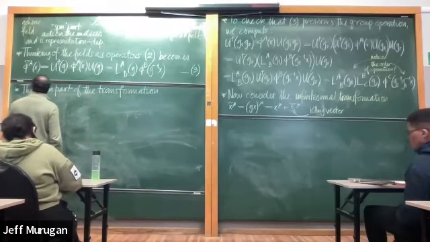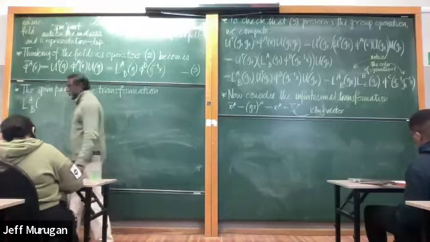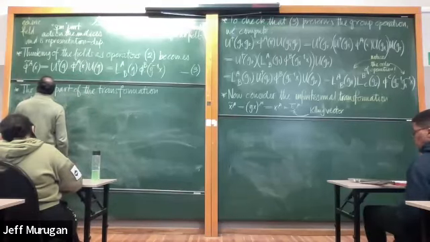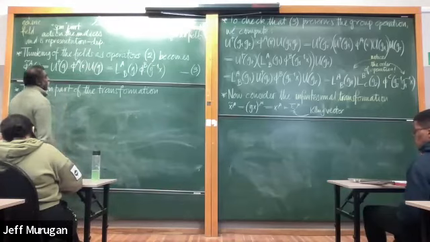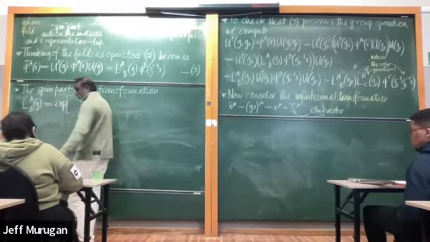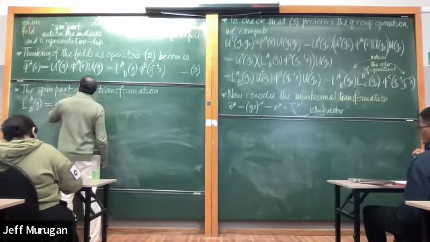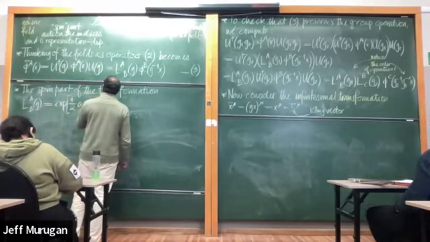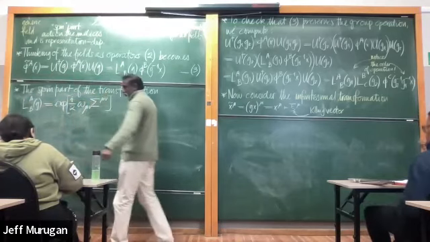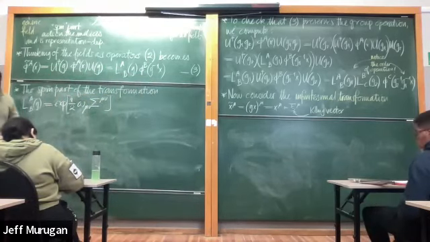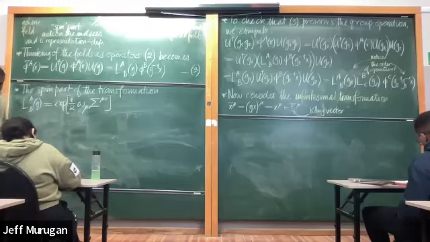L a b of g is the exponential of i over 2 omega mu times some generator sigma mu. And these generators are just matrices that obey the correct algebra and are representation dependent.